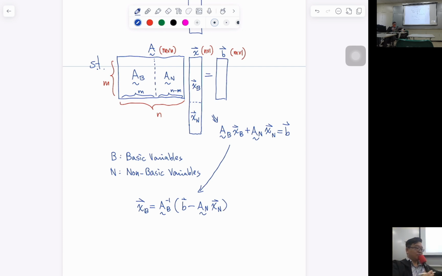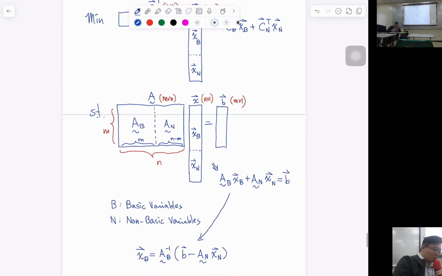We move the second term to the right hand side and then multiply by AB inverse. That's what you get in the end. That's something we are going to use later on. Actually, right now.